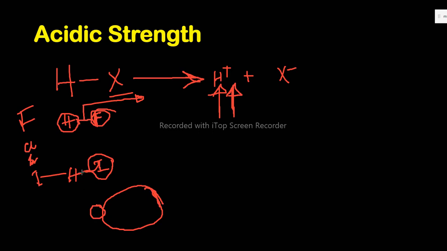Okay? These electrons are not strongly attracted to the nucleus. So the bond length of this hydrogen iodide bond is too long. The bond length is high. So that when you come to break this bond, you break it with ease.